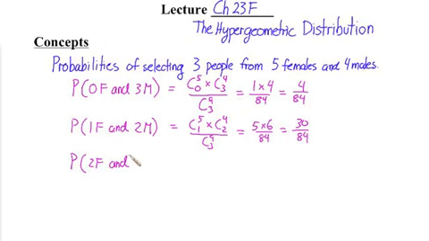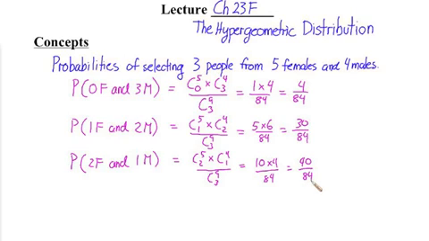I can also find the probability of selecting 2 females and 1 male. Again, 2 females out of 5 times 1 male out of 4 over the total number of combinations. That gets me 10 times 4 over 84, which is 40 84ths.